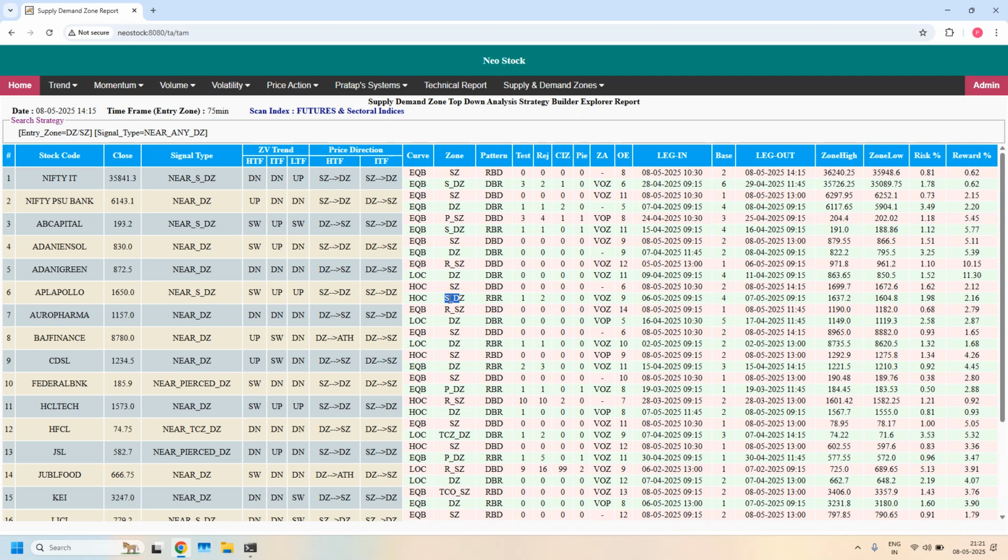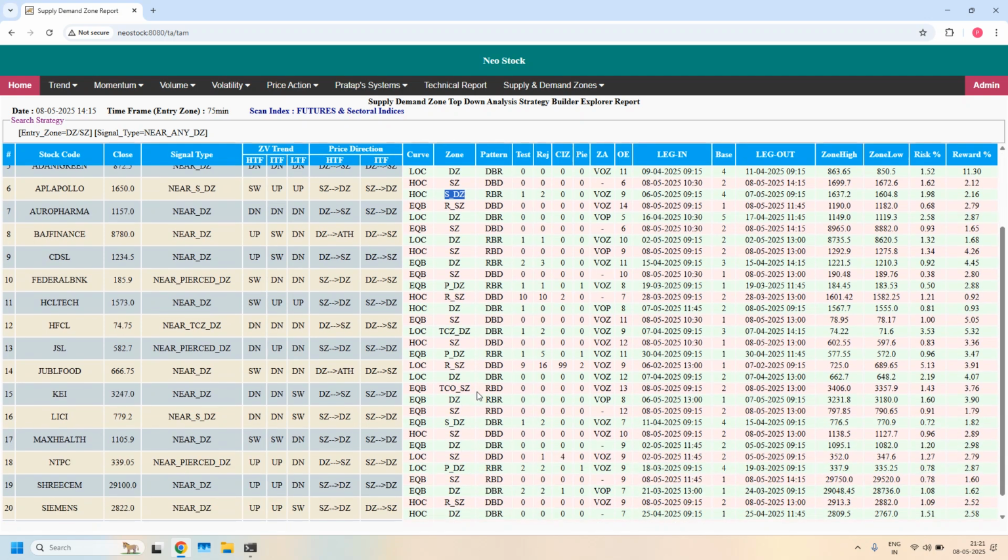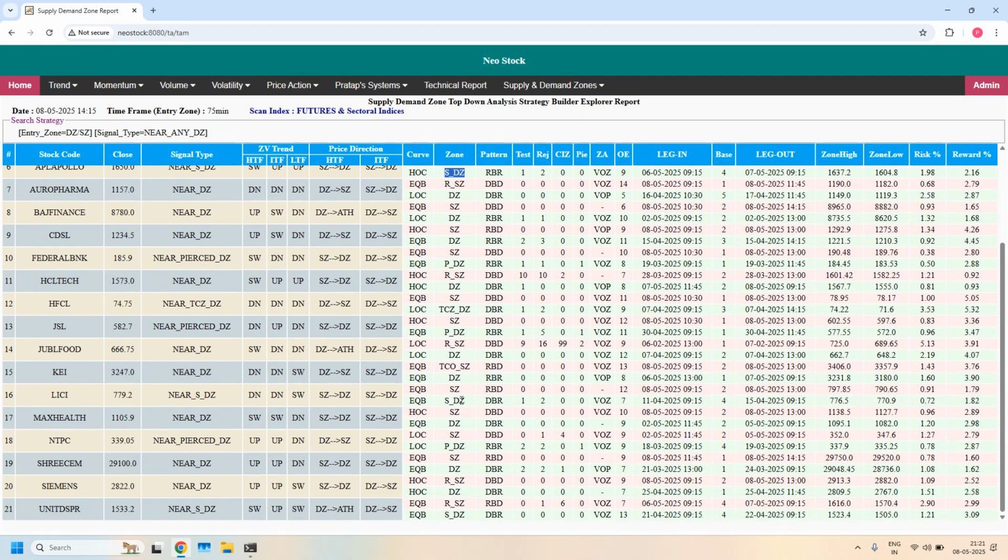APL Apollo is having a 75 minutes high liquidity demand zone. LIC is having a 75 minutes high liquidity demand zone.